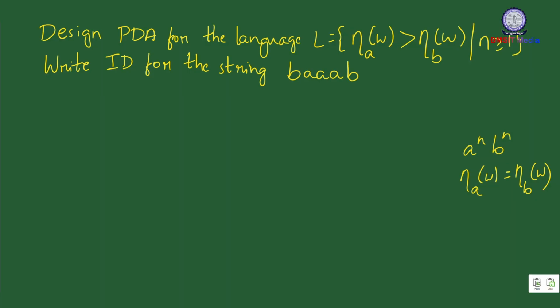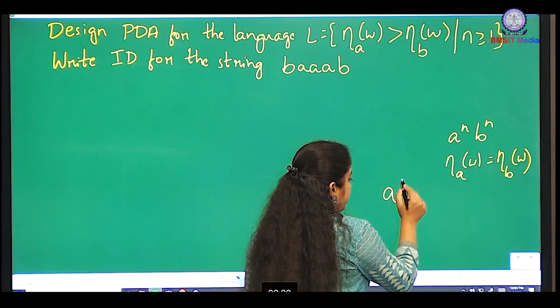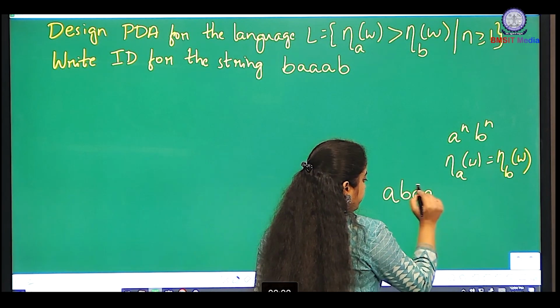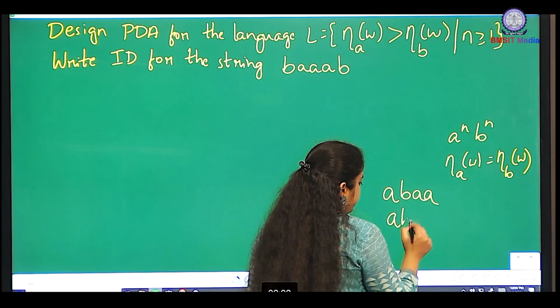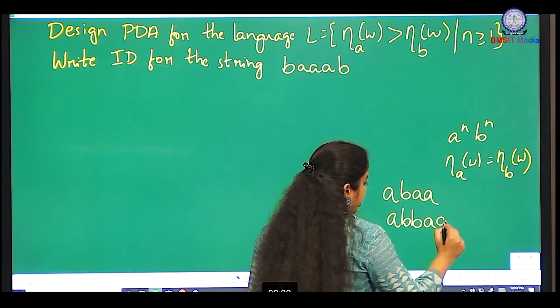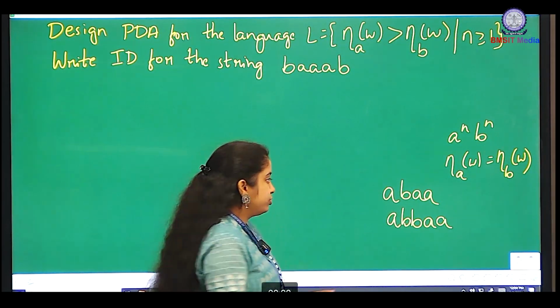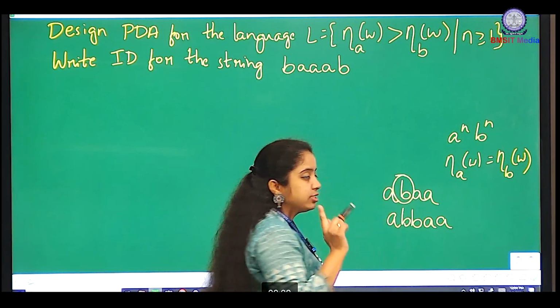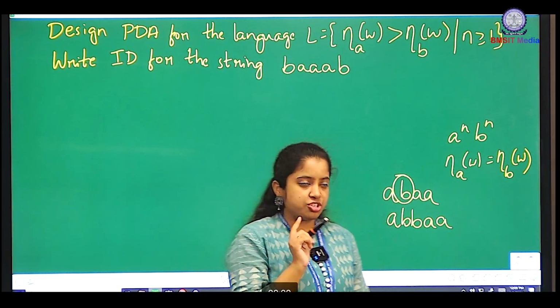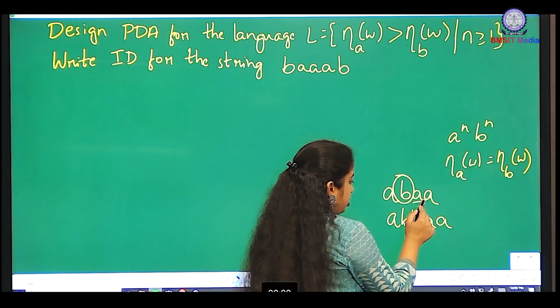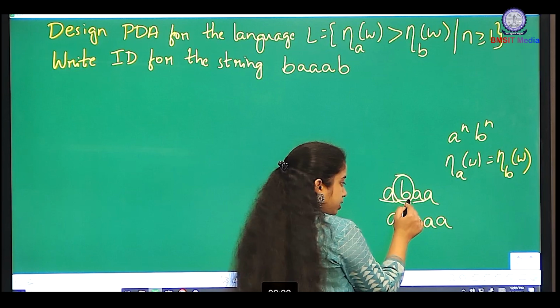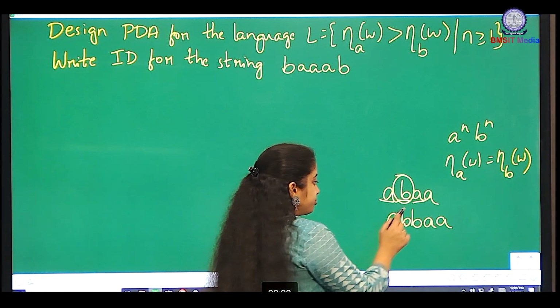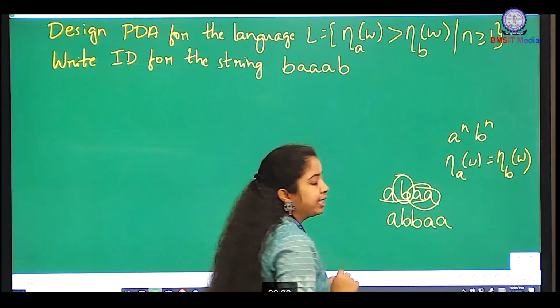You can have strings like this: A, B, A, A, or A, B, B, A, A, one extra A. So if there is one B, there has to be at least one extra A in the string. For this A there is one corresponding B, but there has to be some extra A's.